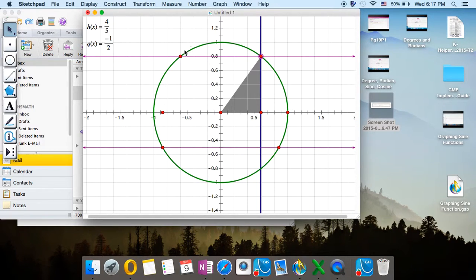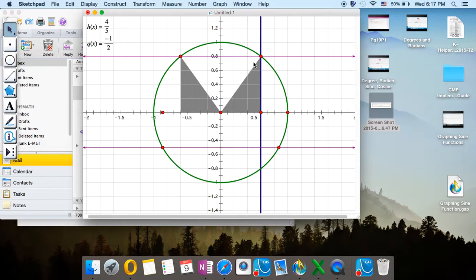And from here to here, it's just like this one reflected over the y-axis. From pi to that point, it's 0.93.